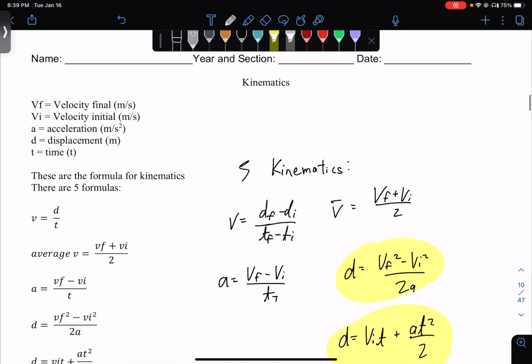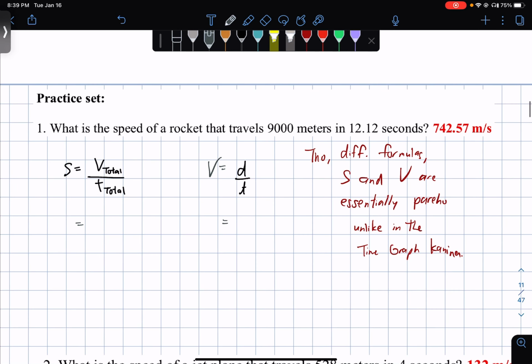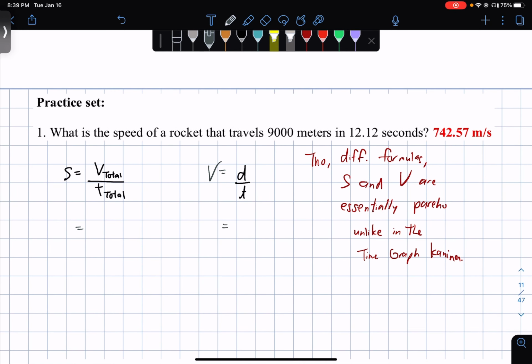In what we're going to solve here, the speed and distance are basically different. So it should be the same here. We are given the distance and the time.